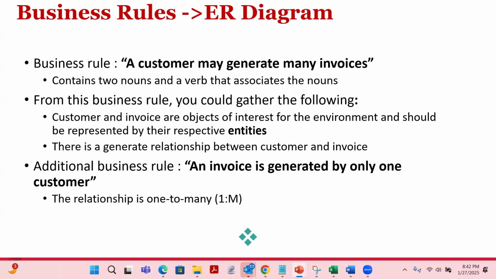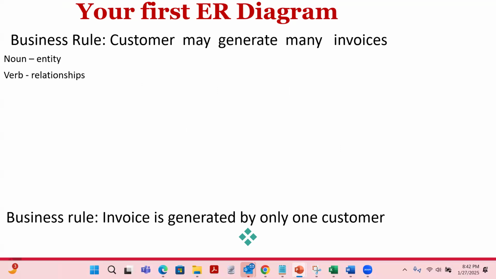Okay, all right. So now we're almost ready to draw our first diagram. We looked at two business rules and we analyzed them. I know you guys haven't done the exercise for selecting a diagramming tool.